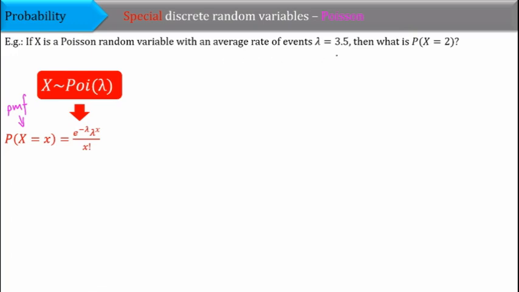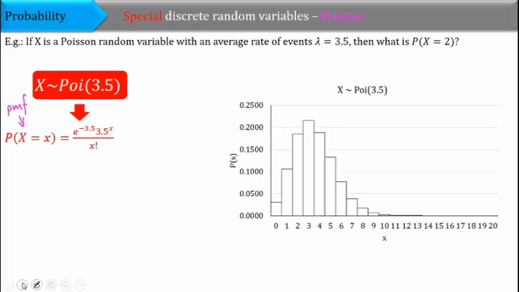In this case, we still have a Poisson where lambda is now equal to 3.5. So this means now that we expect the high bars to be around 3.5. In the previous one, we expected the high bars to be around 5. Right, so if we substitute lambda in here, then we have e to the negative 3.5, 3.5 to the x over x factorial, and graphically this is what we have.